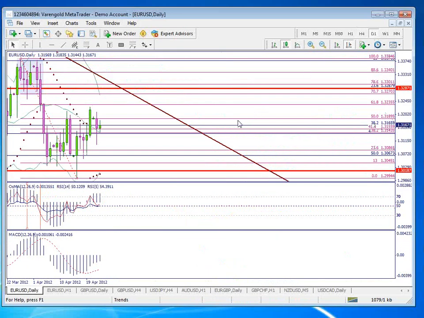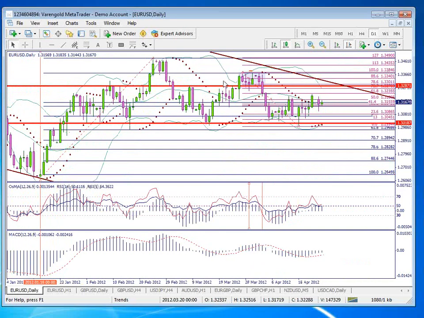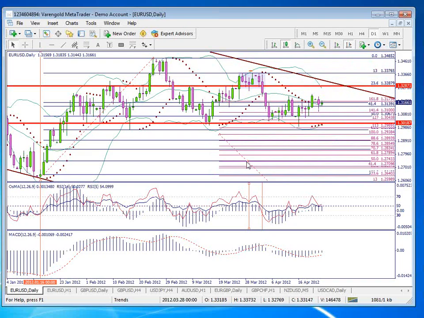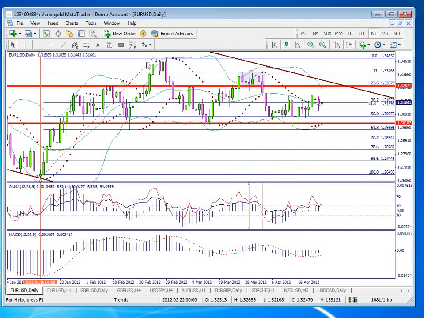But I want to show you something. I will just delete a little bit that Fibonacci on the last wave. So here the pair went again to the 13 level, and the swing was between 13 and 23.